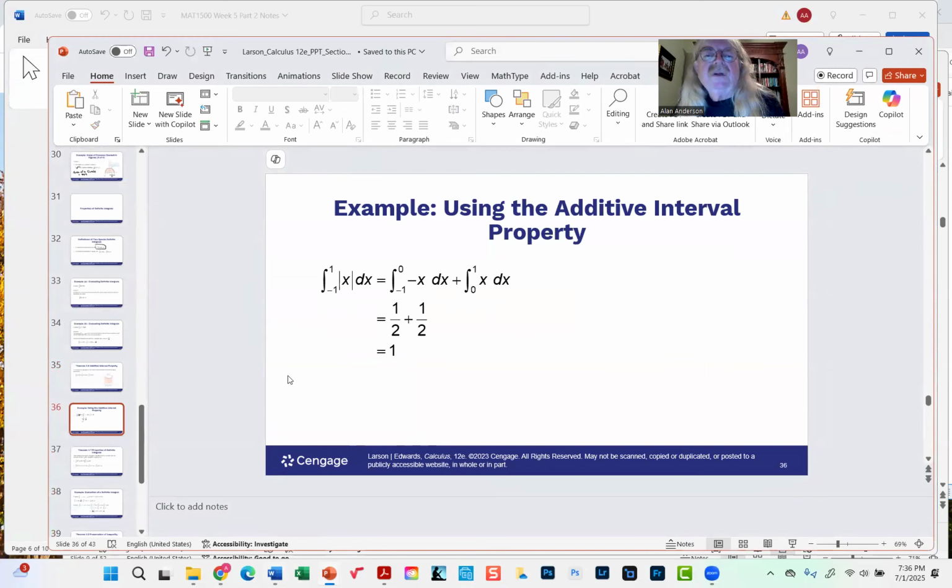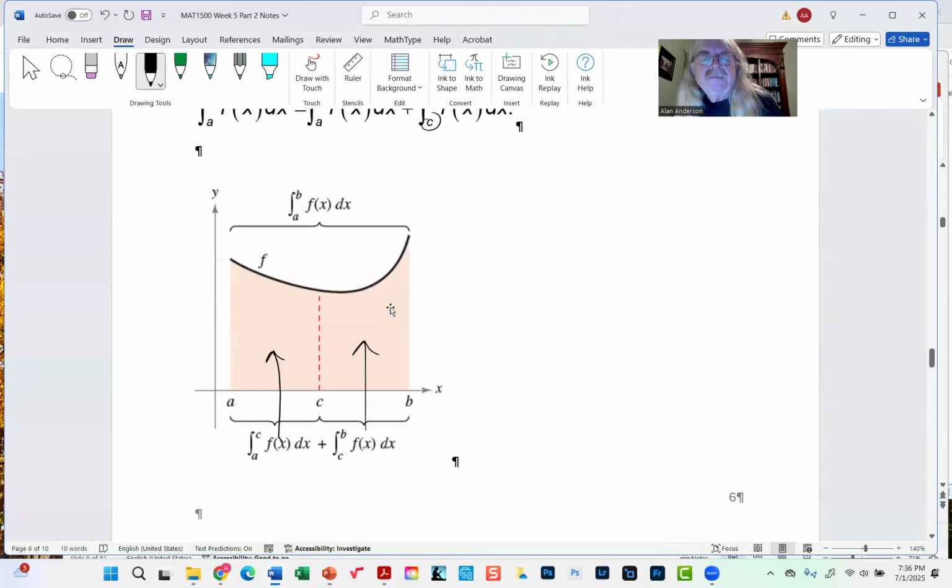Now here's an interesting one, because this is the absolute value of x, of course.